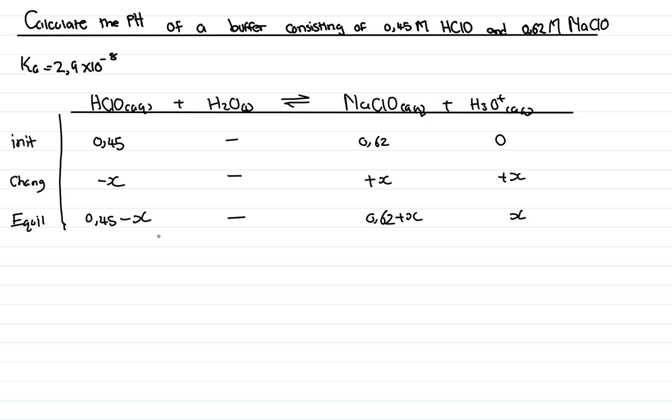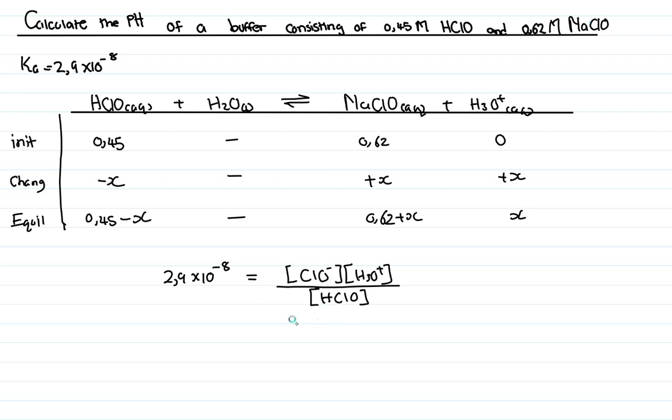So now what we have to do here is to write our Ka expression. So the Ka expression is going to be like this. So I'm just going to say 2.9 multiplied by 10 to the power of -8 is equal to the concentration of ClO minus times H3O plus divided by the concentration of HClO. So remember, I'm not including that sodium into my equation.